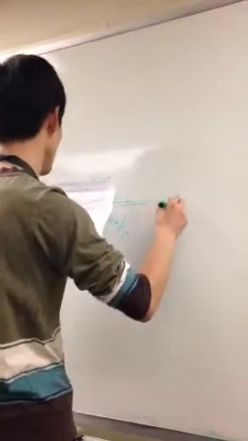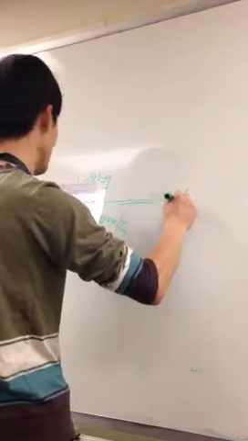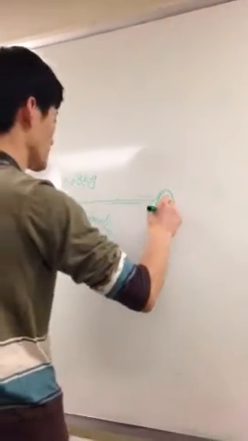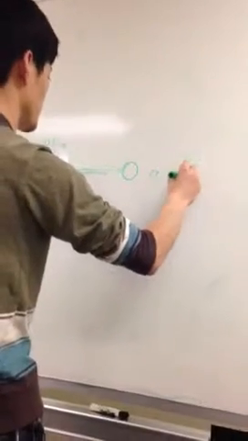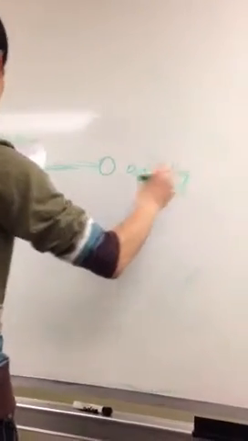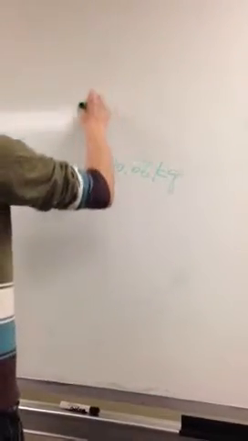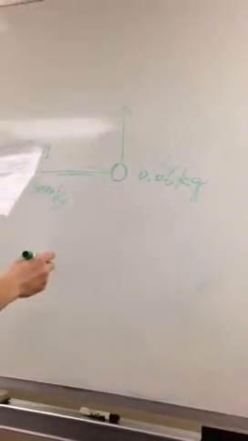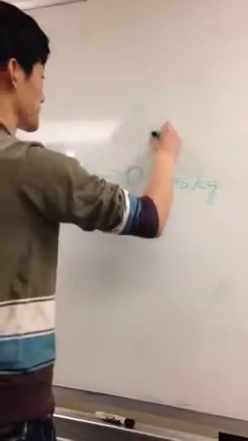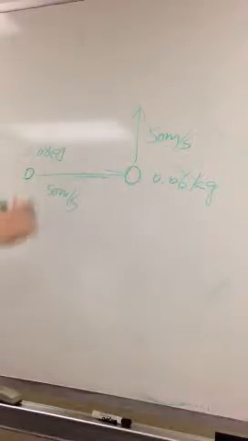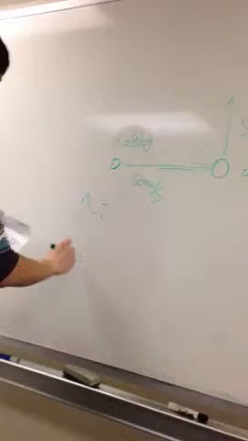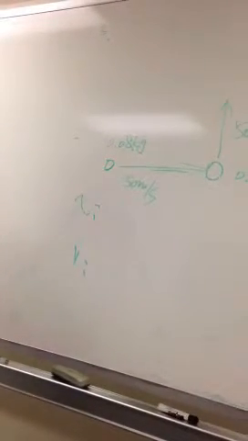And then it strikes and sticks to a 0.06 kilogram particle moving in the positive y direction, also 50 meters per second. So for this kind of question, we can think about x and y, right?